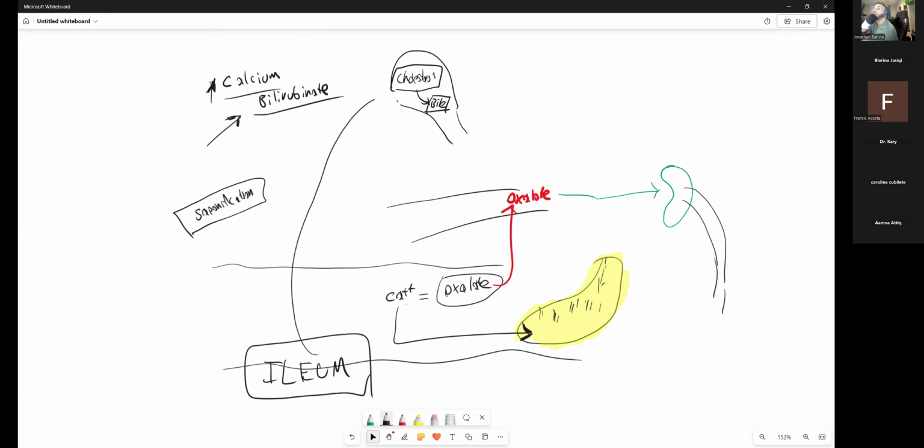So two completely different mechanisms. The malabsorption will lead to calcium binding the fatty stools and leaving oxalate free to reabsorb. Oxalate reabsorbs, goes to the kidneys, and then it binds calcium, leading to kidney stones.